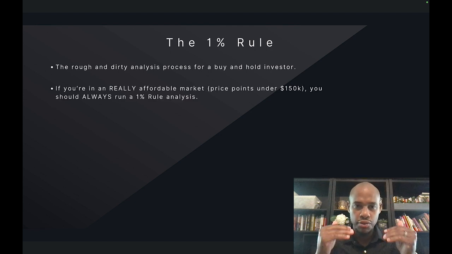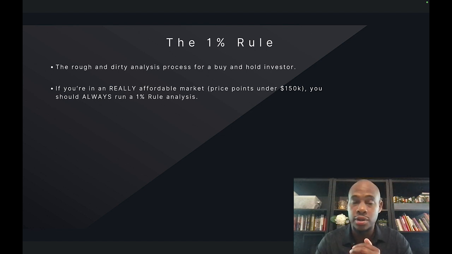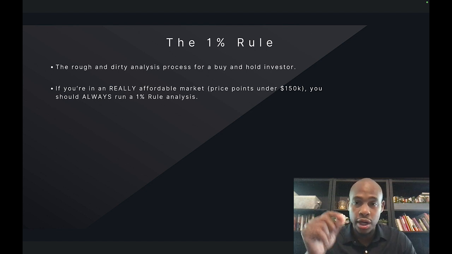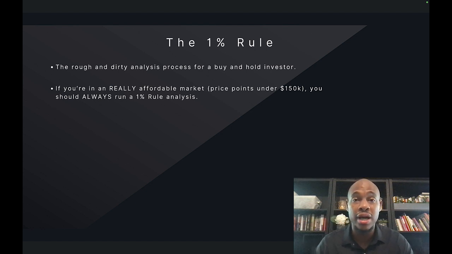If you're in a really affordable market, there's some markets out there, guys, where you could be dealing with $30,000, $40,000, $50,000 houses. There's probably going to be more landlords, more buy and hold investors in that market because the cash flow will be significant, right? So if it's really affordable, under that 150, under 100 grand, then that's when I always think about the 1% rule as well.